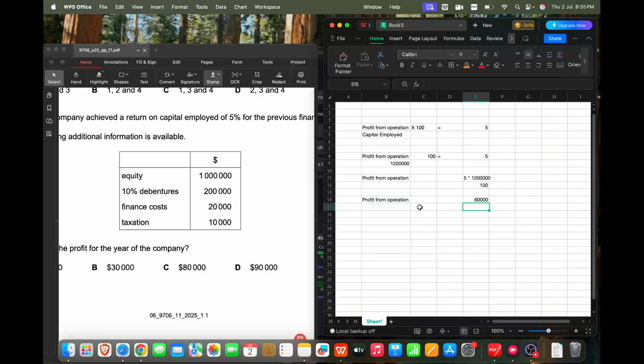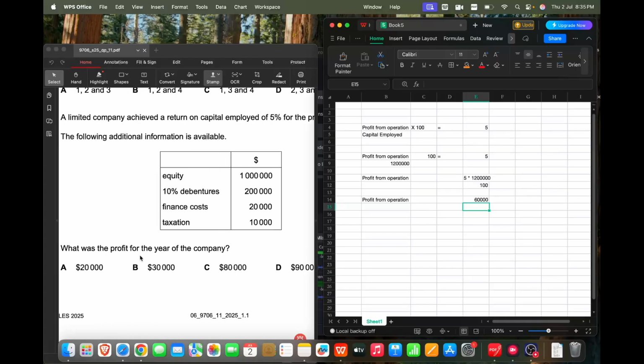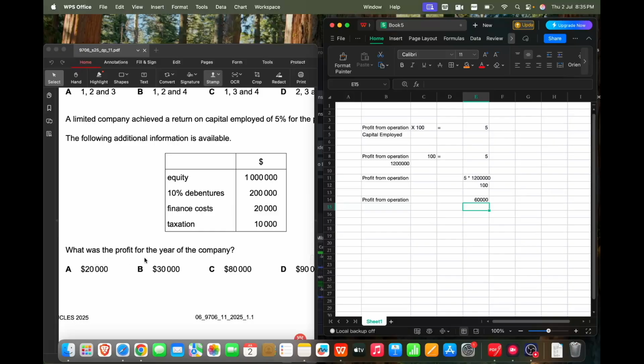Profit from operation is 60,000, but they are asking us what is the profit for the year. So we need to subtract finance costs and taxation that was given here. So this is your finance cost, which is 20,000, so minus 20,000, and then the tax, that is minus 10,000.